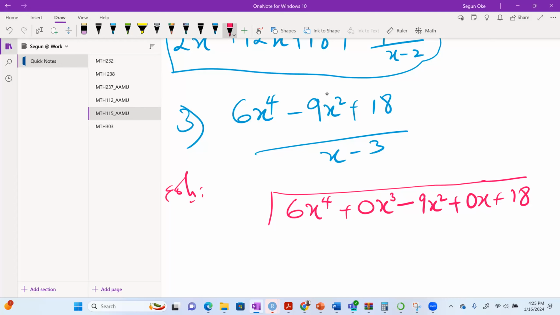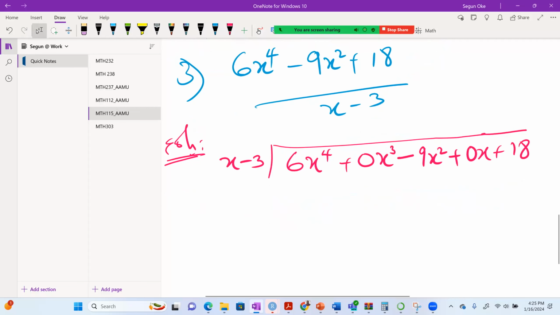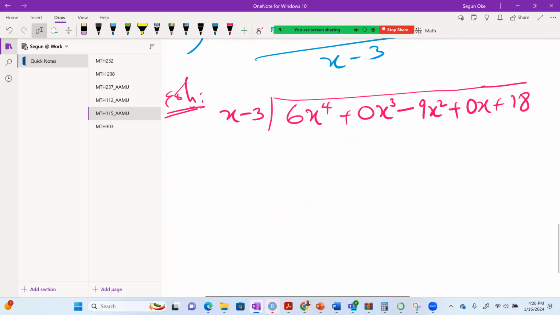From here, we have x minus 3. Don't forget x minus 3 is your divisor. So let's look at it together holistically. You discover that how many x do we have here? 6x raised to power 4.